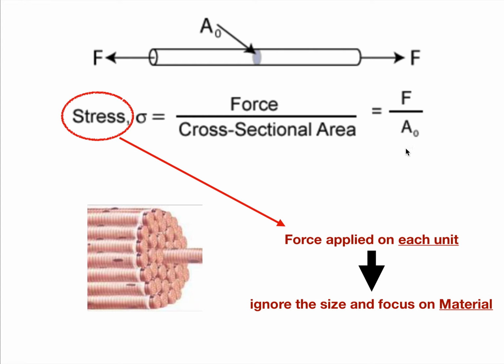That's the idea of stress. We divide the force by its cross-sectional area, so we know how much force is applied on each unit. So that means that we're ignoring the size of the muscle and we're only focusing on the material.